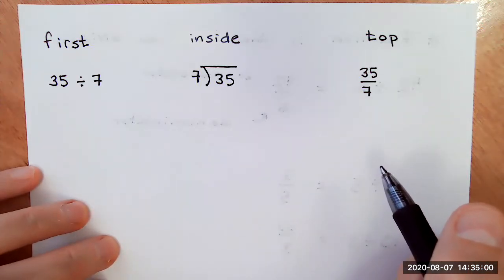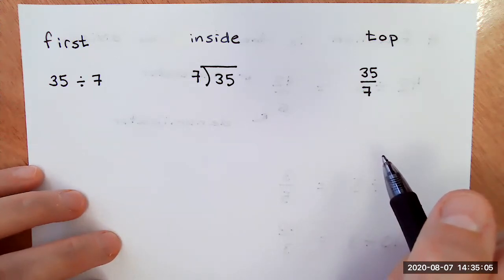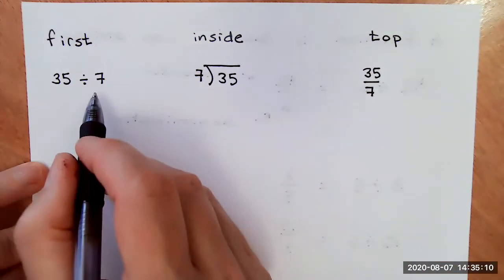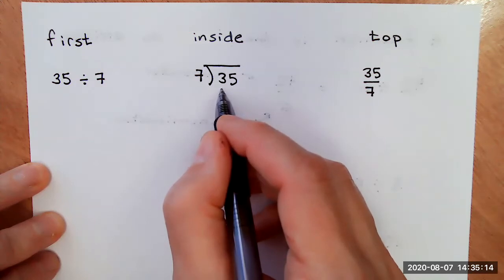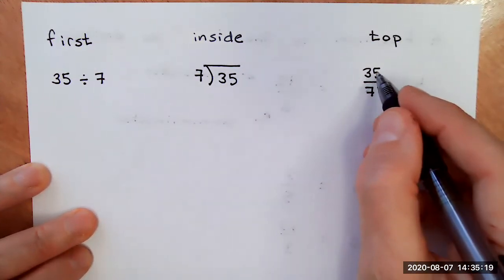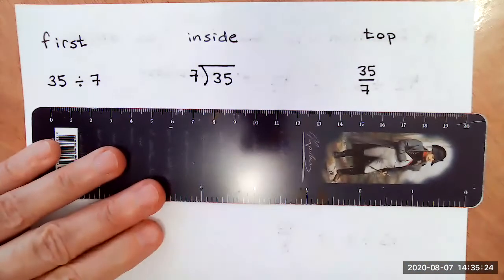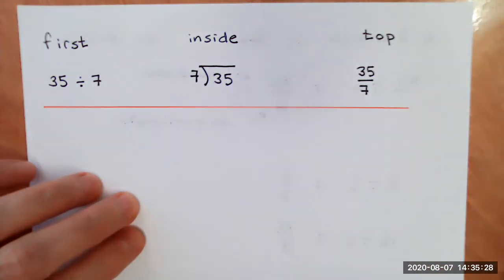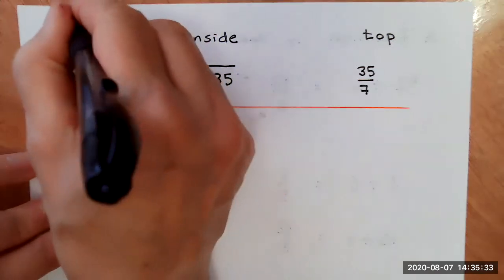There are 3 ways that you could write any given division statement. 35 divided by 7 is the same as 7 divided into 35, which is the same as 35 over 7. We can make a mnemonic device to help you remember that.